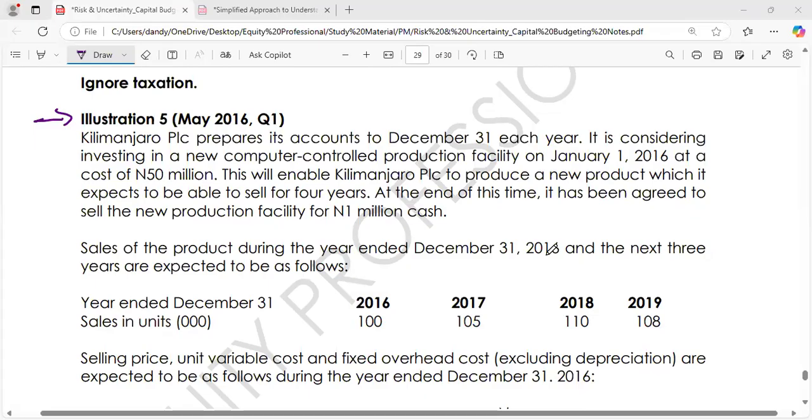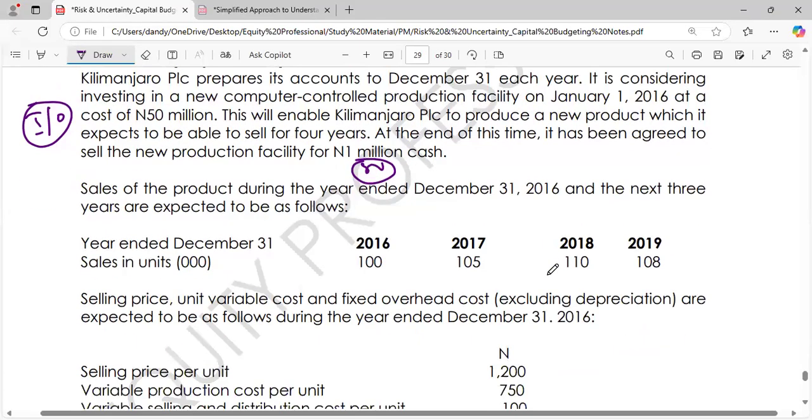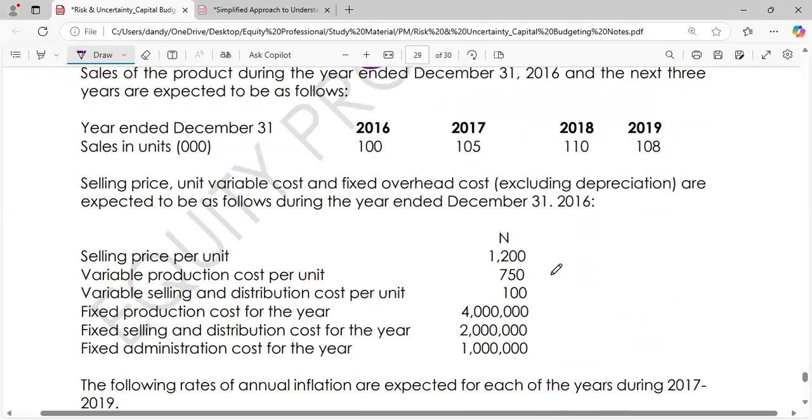Sales of the products during the year ended December 31st, 2016, and the next 3 years are expected to be as follows. Year ended December 31st, sales in units, all figures assumed to be correct. Selling price, unit variable cost, and fixed overhead cost, excluding depreciation, are expected to be as follows during the year ended December 31st, 2016. All figures assumed to be correct.